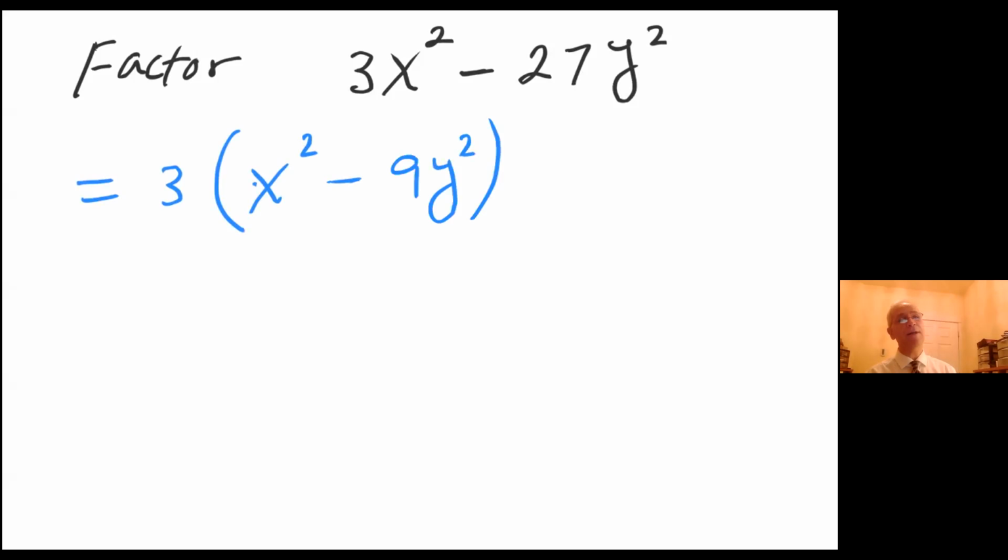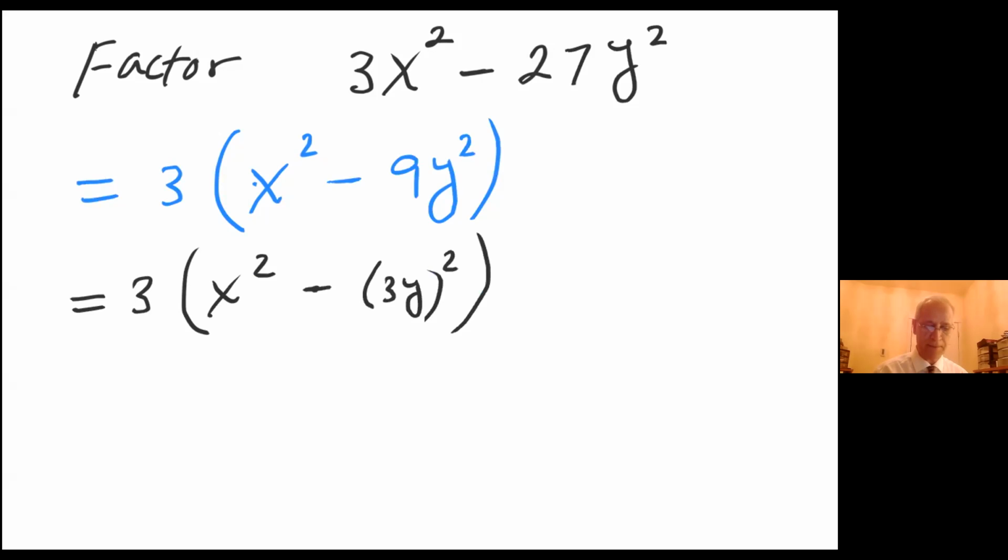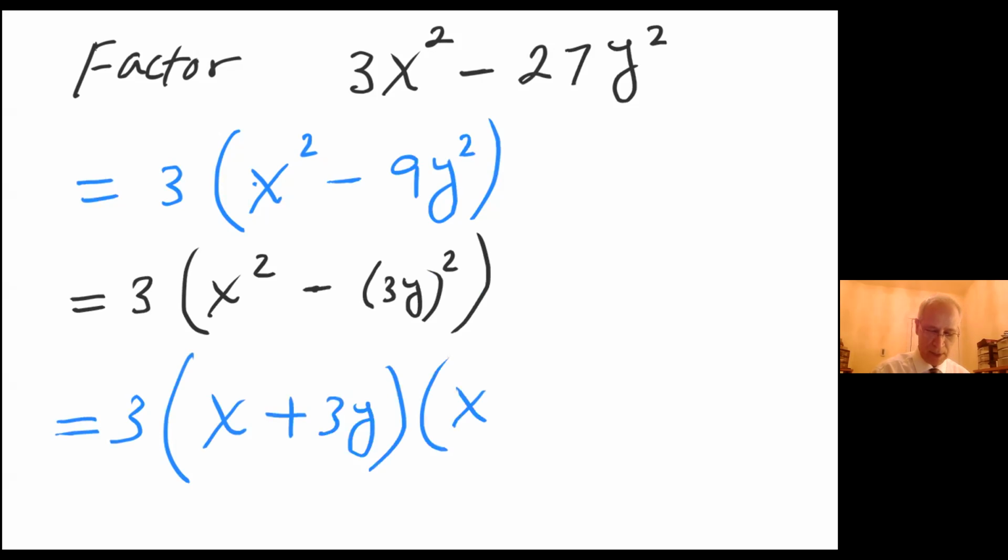Now I can rewrite what I have inside of the parenthesis, 3 times x squared minus 3y squared. Now I can use my formula for difference of two squares, and this equals 3 times x plus 3y times x minus 3y.